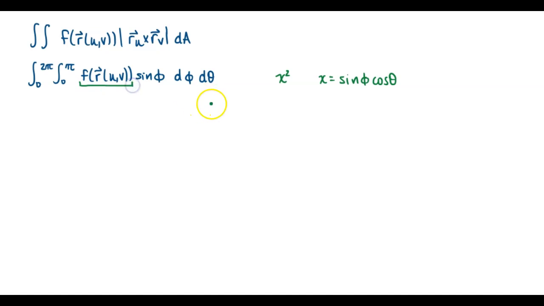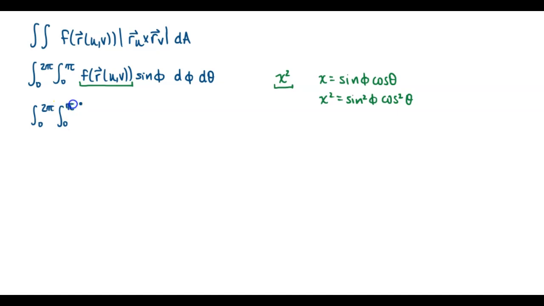Because this started off as x squared, this is going to turn into the sine of phi squared, cosine of theta squared.